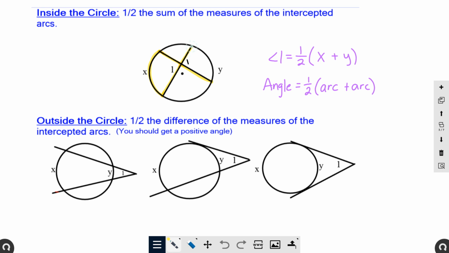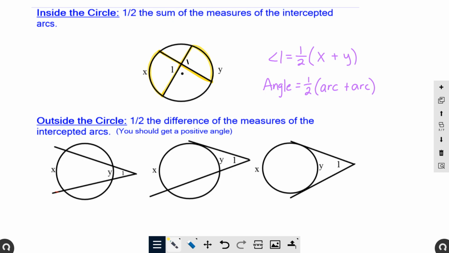So it hits our circle here and here, which intercepts arc Y. So we kind of have to do the average of those two arcs. We add them up and divide by 2, or add them up and take half of them. So if an angle is somewhere inside the circle but not at the center, we do half arc plus arc.